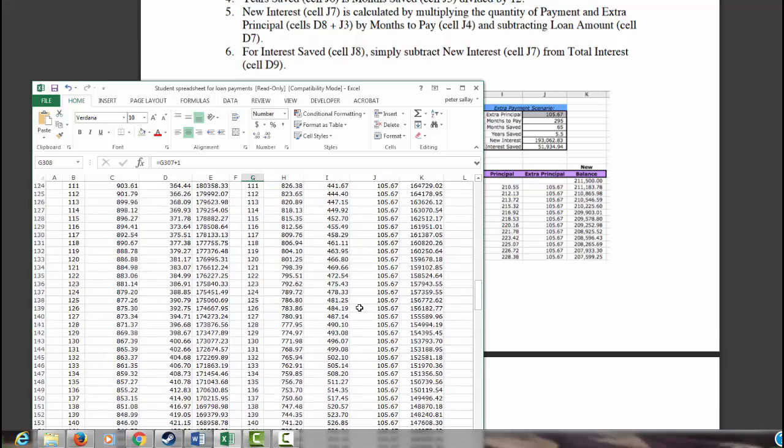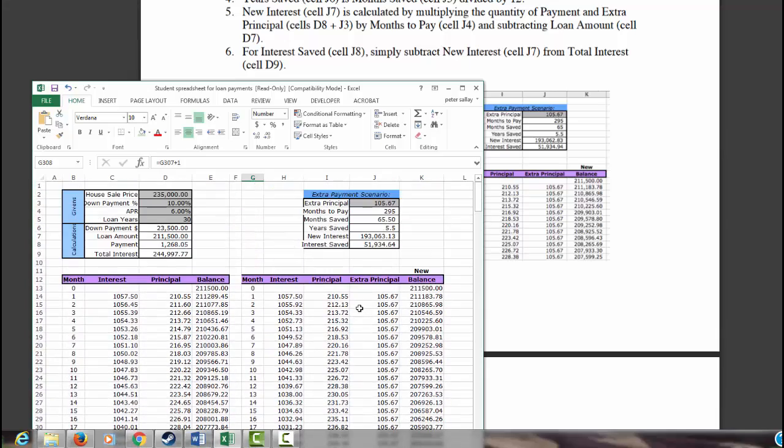And the cool part is you can come up here and you can play around with this. So what if I add an extra 200? And you can see that you end up saving yourself almost 9 years. And so, you can kind of play around with these numbers and sort of see how this is generated.